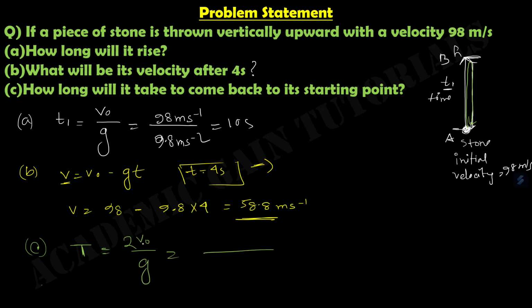If I put in the values, the initial velocity is 98 meter per second and the gravitation is 9.8 meter per second square. If I calculate this, I find 20 seconds. So in this manner I solved 3 problems.